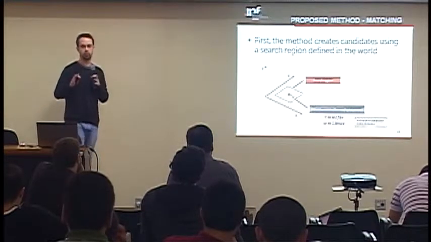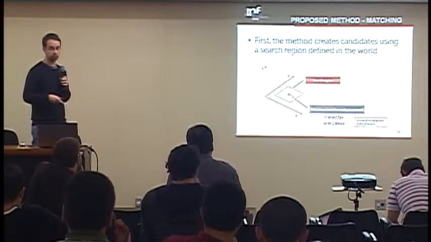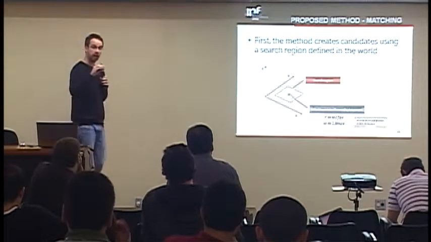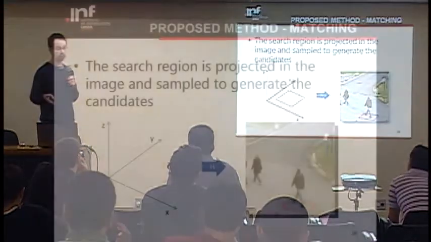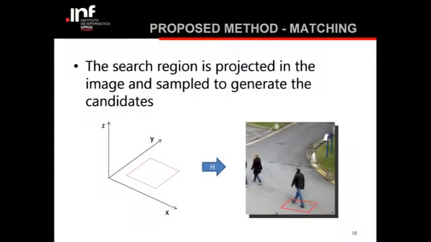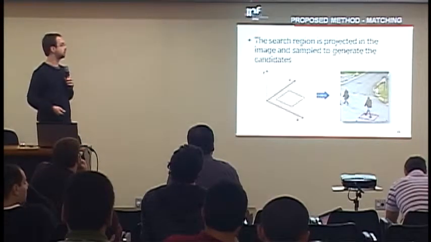And we have a relaxation parameter to recover from failure and stuff like this. So now we have this search region that is the same size at each frame in the world, but it's not going to be the same size in the image, because we are going to project this in the image and sample these points here to create the candidates.